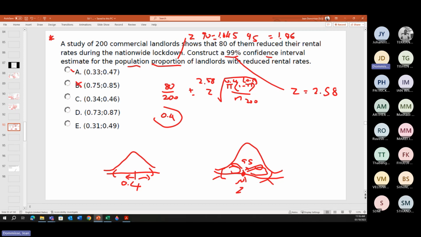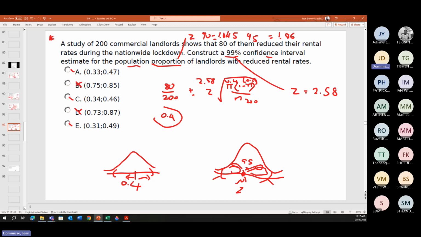What they've done here is, if you said 80 divided by 100, you would have gotten 0.8, and that would have been part of 0.34. Yes, it's smaller. So that can be 0.73. Nope, not the option. 0.31. Yes.